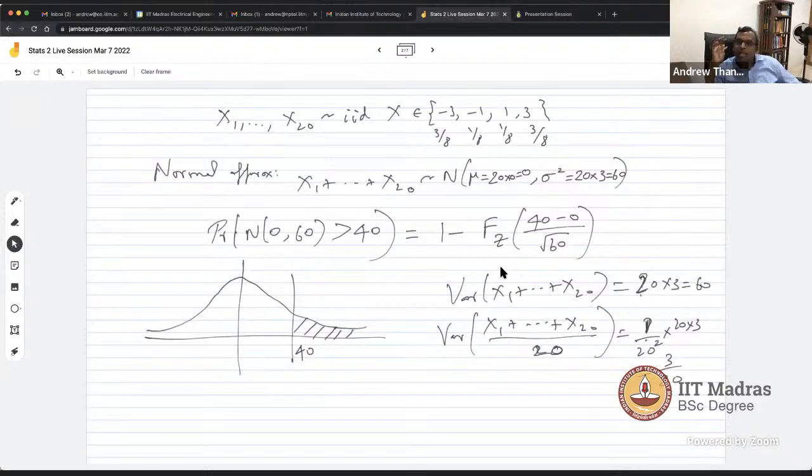See, there is a way to argue the convergence, and for that I have to show root n and all that, right? Once it comes to just normal approximation and using it for solving problems with respect to FC, you don't have to worry about all those convergences. Whatever is the sum of independent identically distributed random variables, you can simply find its mean and variance and do the normal approximation.